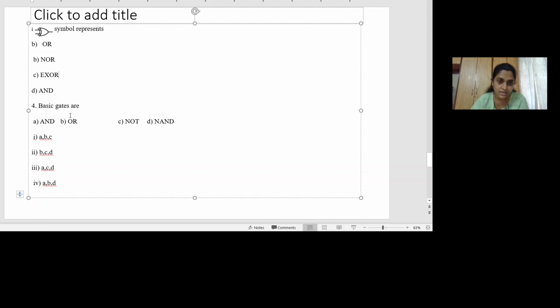Here, the basic gates are: A, AND; B, OR; C, NOT; D, NAND. The choices I've given are A B C, B C D, A C D, A B D. Try this out.